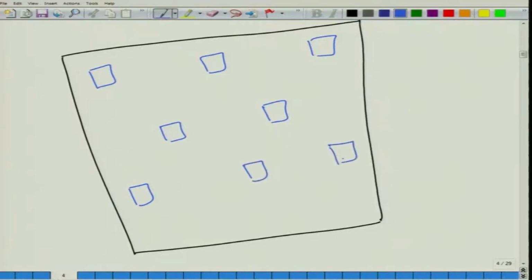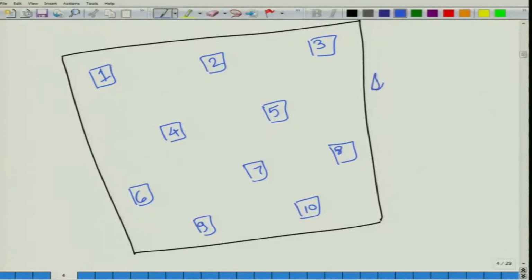We are talking about fixed area sample plots. At these locations we have taken our sample plots 1, 2, 3, 4, 5, 6, 7, 8, 9, 10. So, we have taken 10 sample plots of fixed area in this total forest stand.